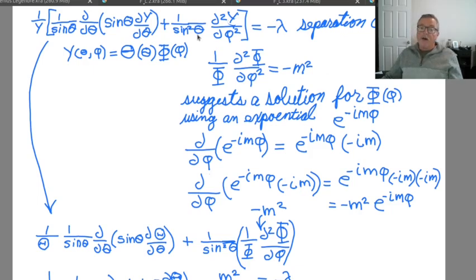So, now we're going to get into differential equation solutions, and we're going to propose a solution that is equal to negative m squared. We want a solution for phi that will end up giving the second derivative and 1 over phi, and that'll give us m squared. How can we do that?